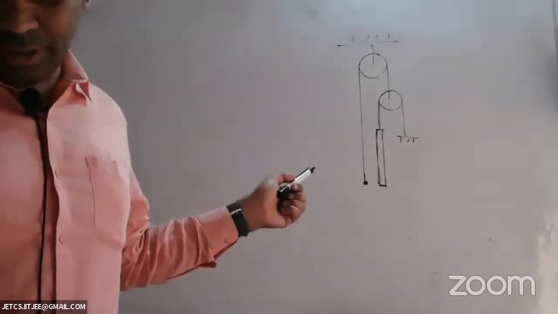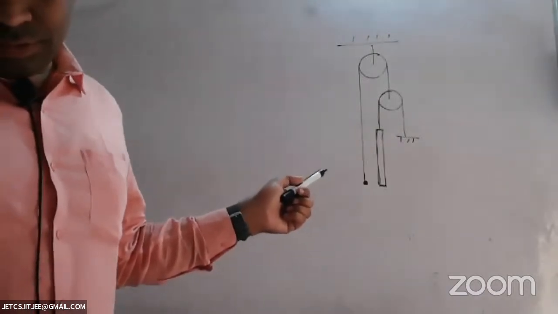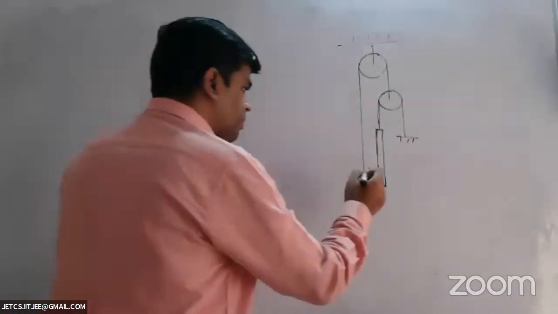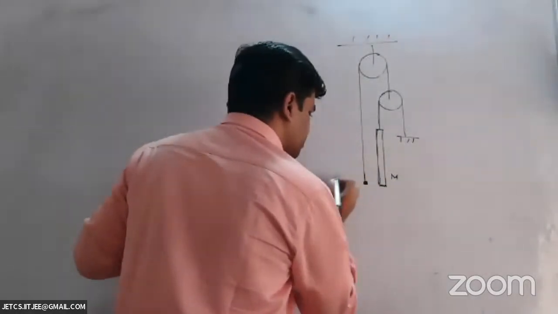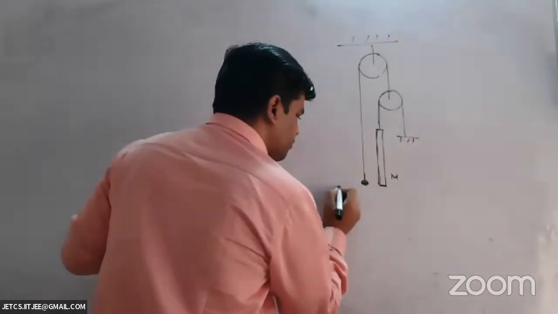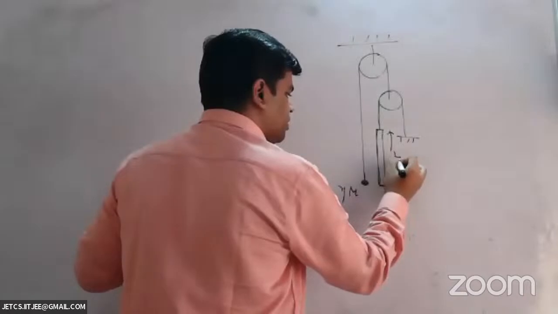The rod is of length L. Mass of the rod is M. There's a ball here, which is eta times M, and the length of the rod is L.